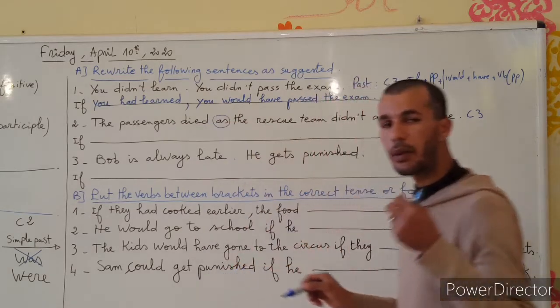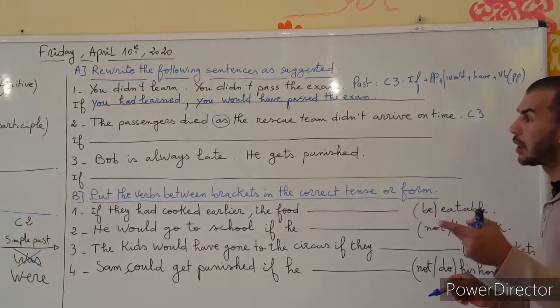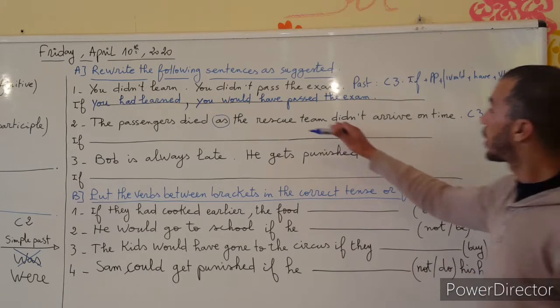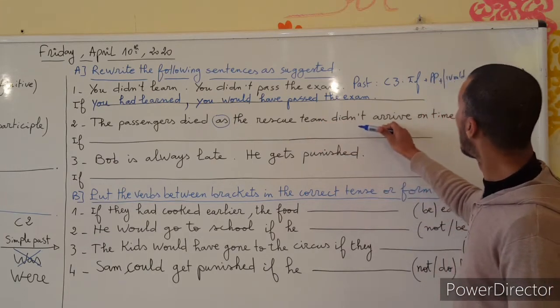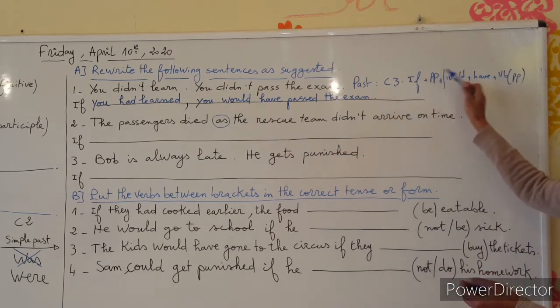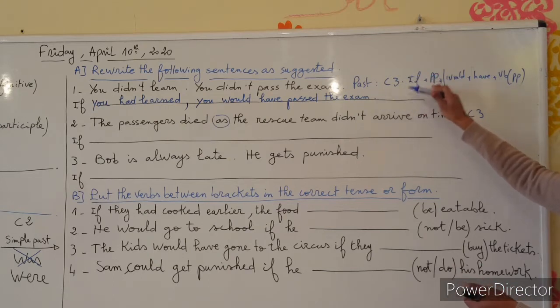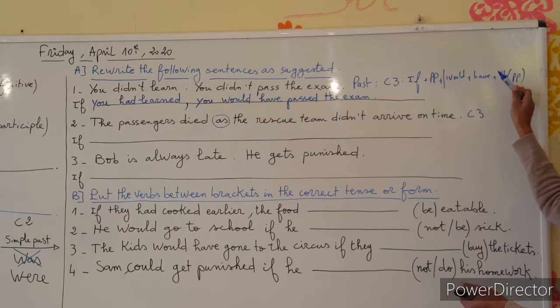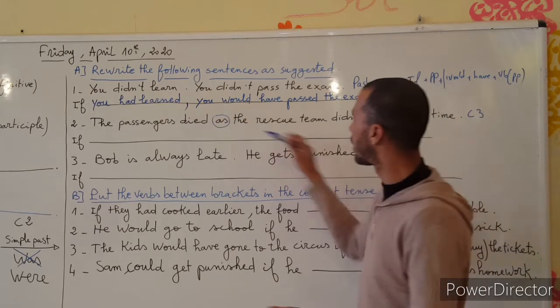So generally, whenever we have as, or because, or since, or but, we start from the second part of the sentence. We do not change the rules. It's always if plus past perfect plus would have plus verb past participle, but we change just the order.